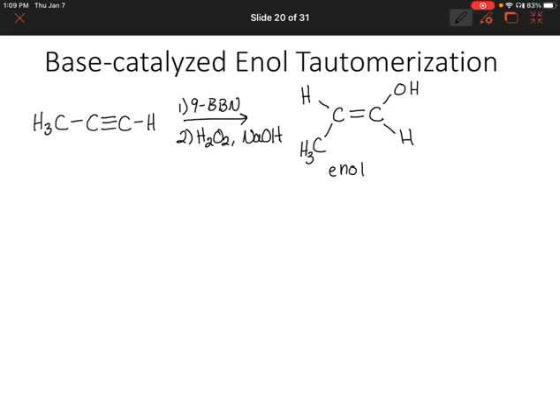However, the mechanism is a little bit different here compared to the acid-catalyzed hydration mechanism that we saw. In fact, it's basically the opposite of that mechanism. So we saw with acid-catalyzed hydration that the alkene grabs onto a hydrogen. And then from there we get to the ketone.